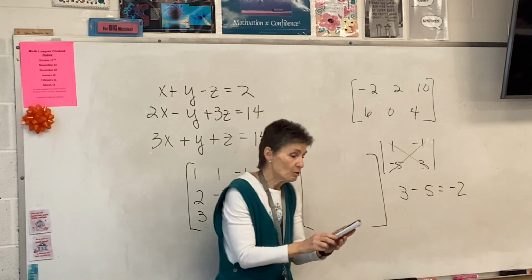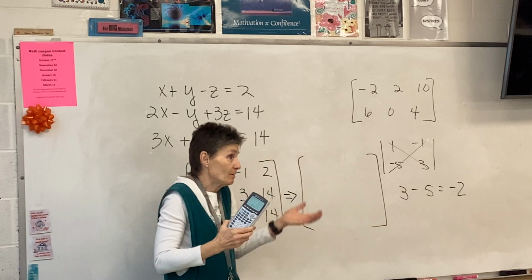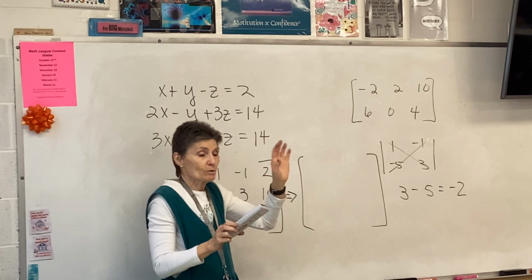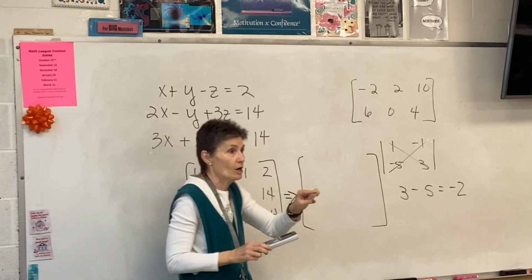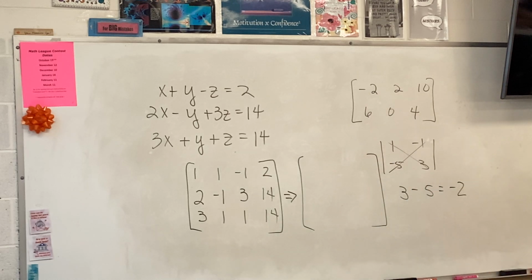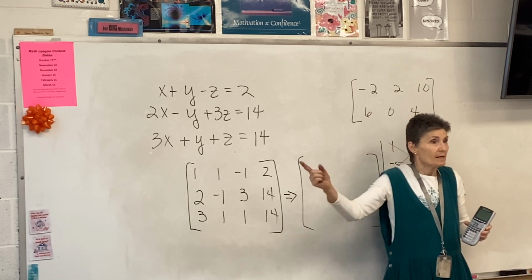So, when you press edit, and then A, my top one's A, is your top one A? Okay. The very first thing the calculator wants to know, the cursor's flashing up here in the corner, it wants to know, okay, how big is matrix A? So what are the dimensions of this matrix? 3 by 4.